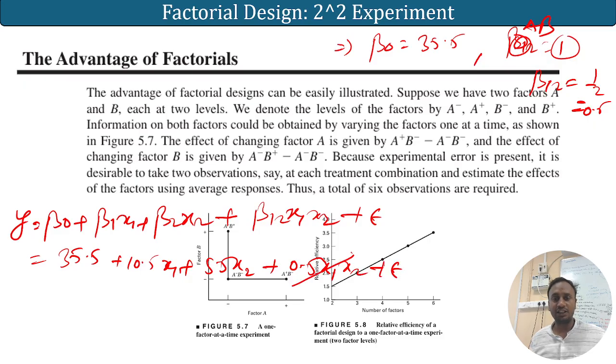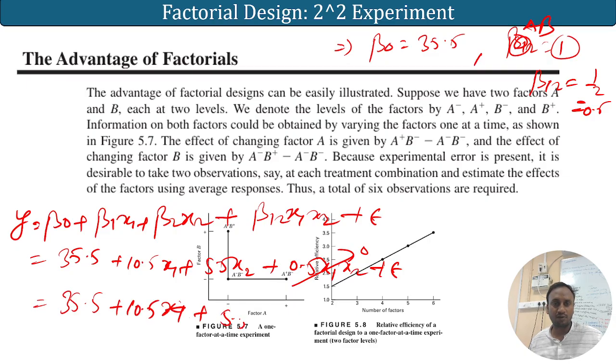Eventually this value is very low for the interaction, so we can omit it. So 40.5, 10.5 x1 plus 5.5 x2 plus 0.5 x1 x2 will go. So this is our fit line.